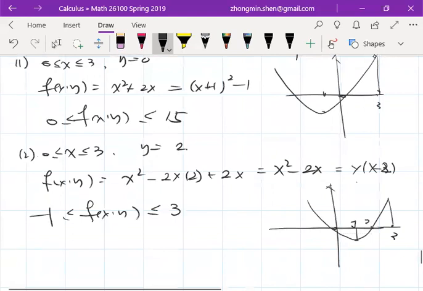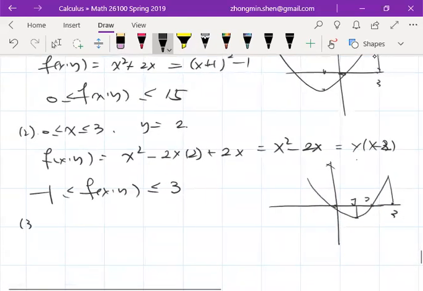Okay. So the lowest value is negative 1. The smallest value is negative 1, and the largest positive value is 3. So you do need to look at all the possible values around the boundary.